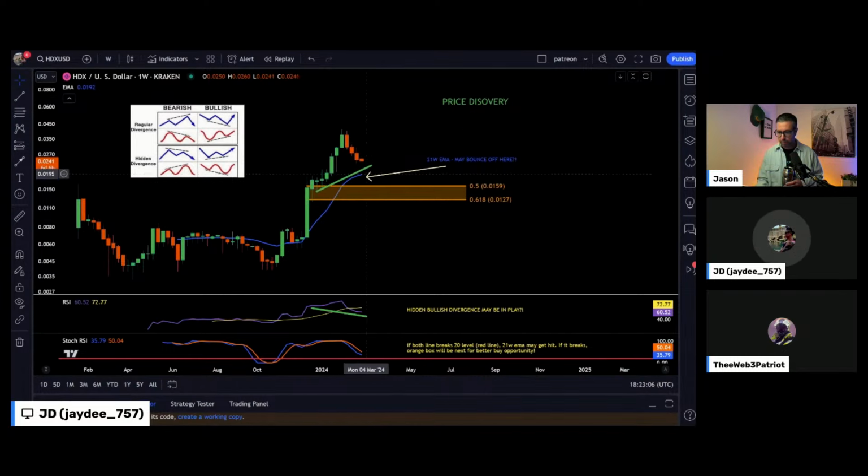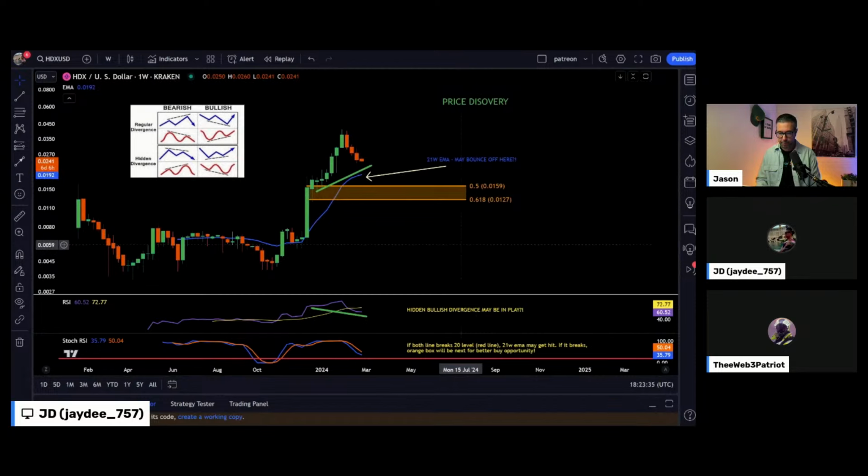But if that breaks, I expect this orange box to get hit. But if you're in for the long term, because right now it's kind of a newer crypto, if this thing right here breaks, we're going to head to price discovery. With TA, we can't really determine the exact top, but once this one breaks, it's going to start going up very, very fast.